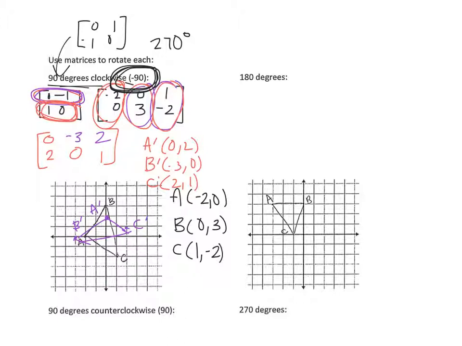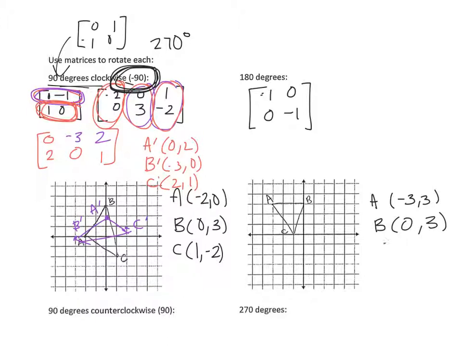So then 180 degrees is the same thing as -180, same thing as +180. You're still using this matrix. So now you're going to write A is -3, 3, B is 0, 3, C is -1, 0.